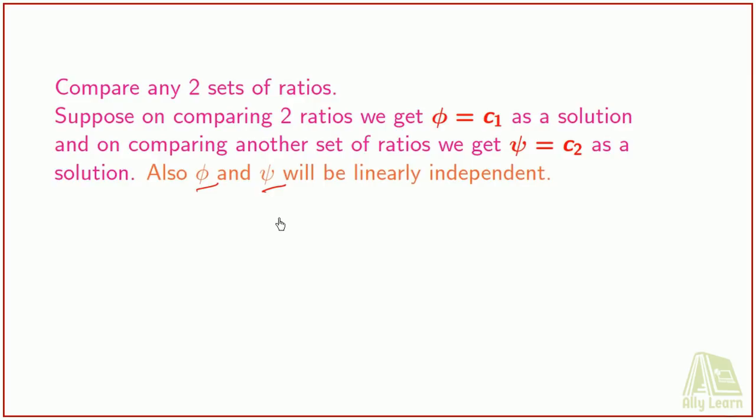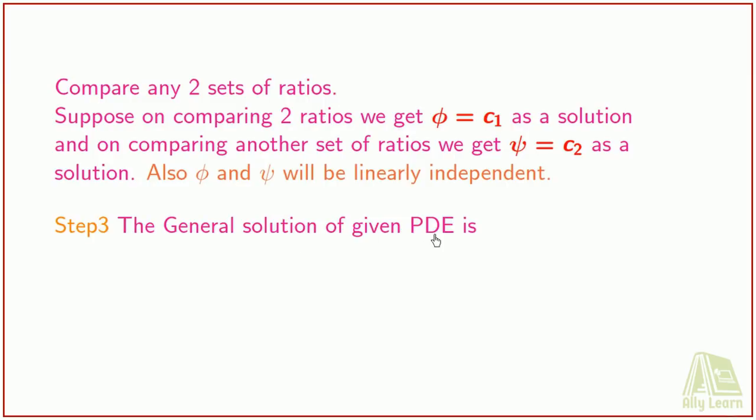Now let's move on to step 3. Step 3 is that the general solution of the given PDE is of this type: f of phi, psi equals 0, where phi is the function we obtained by comparing the first set of ratios of the Lagrange subsidiary equations, and psi is the function that we obtained by comparing the second set of ratios. And this f is an arbitrary function.